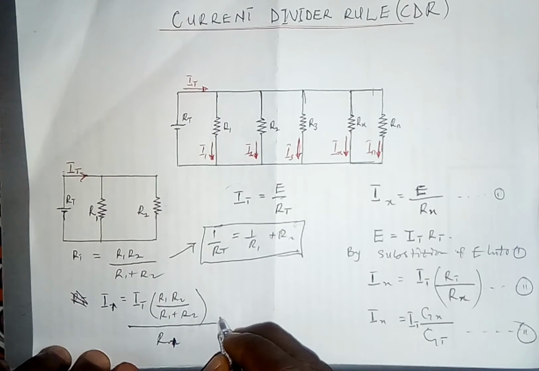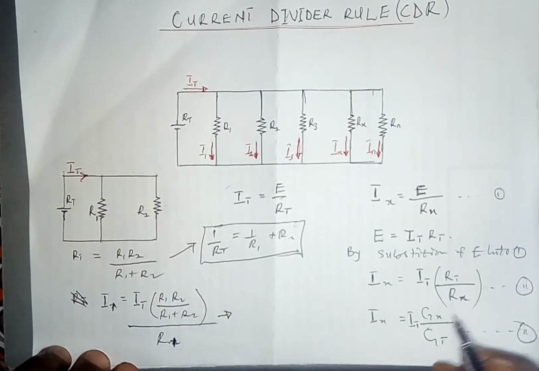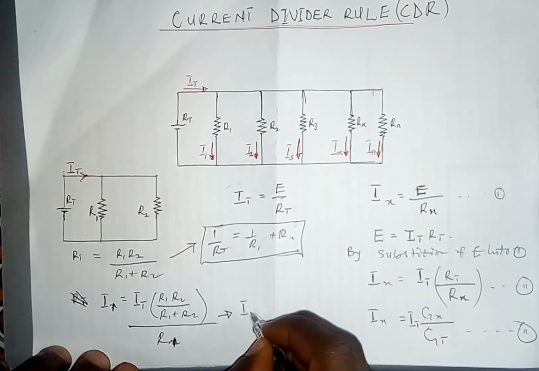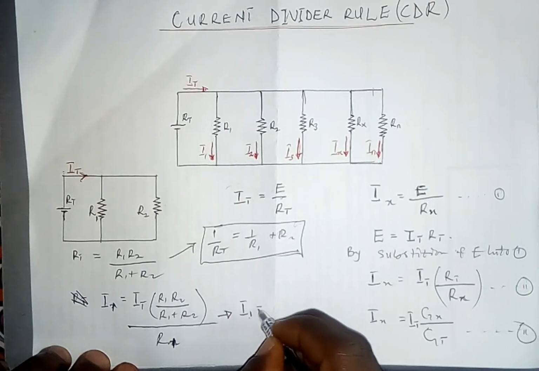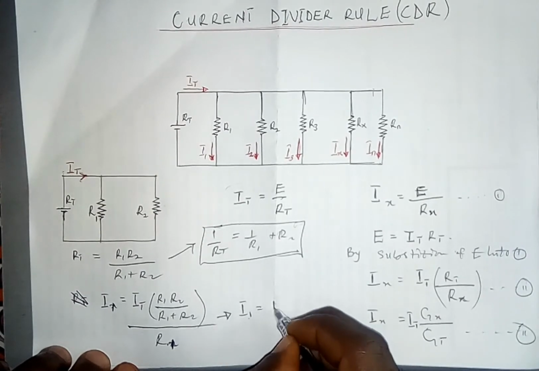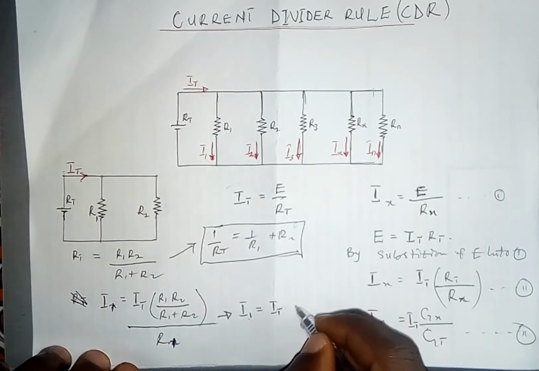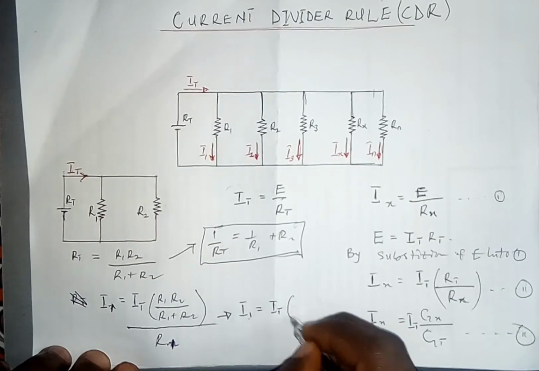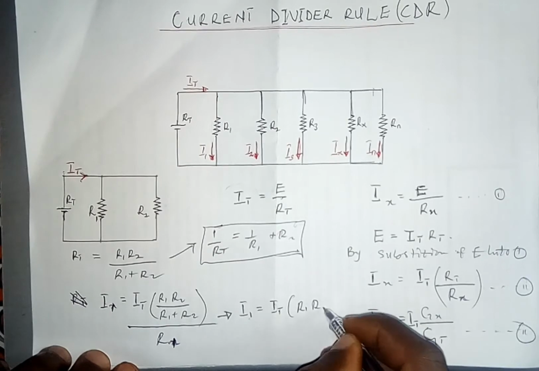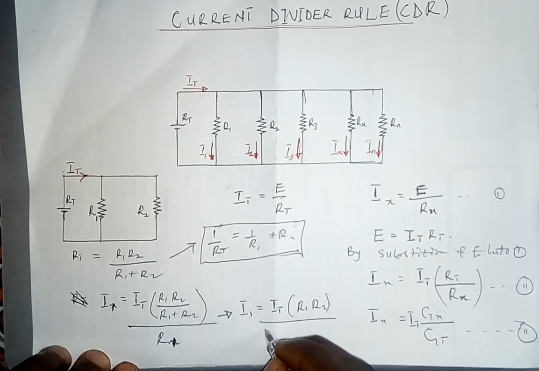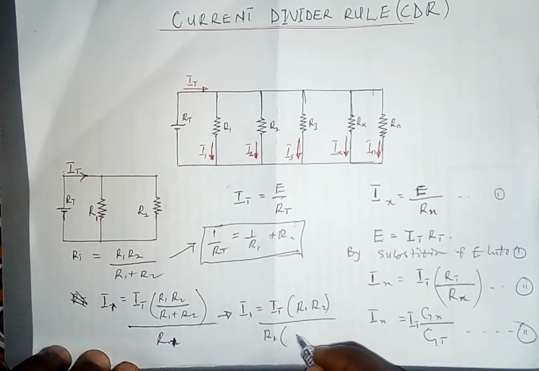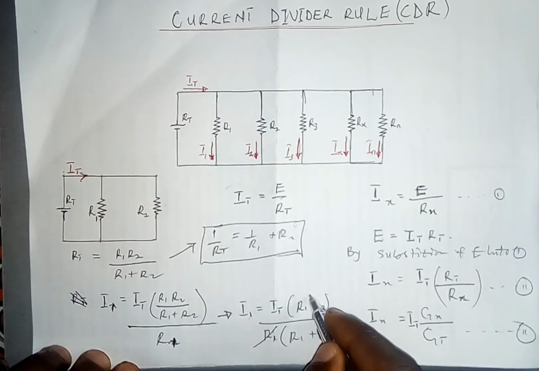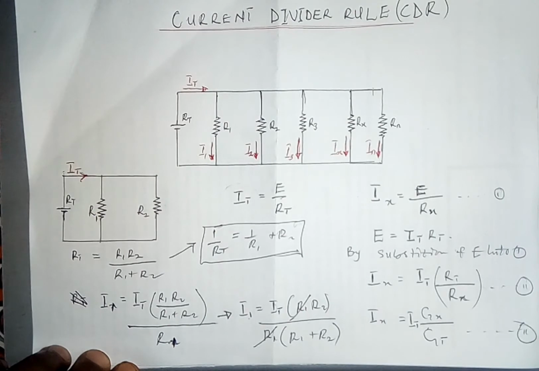From this stage you will agree with me that we are going to have I1 equals IT, the total current, times R1 R2 over R1 plus R2, and if you do your change of formula very well, it's still the same thing. Then we cancel R1 from the top.